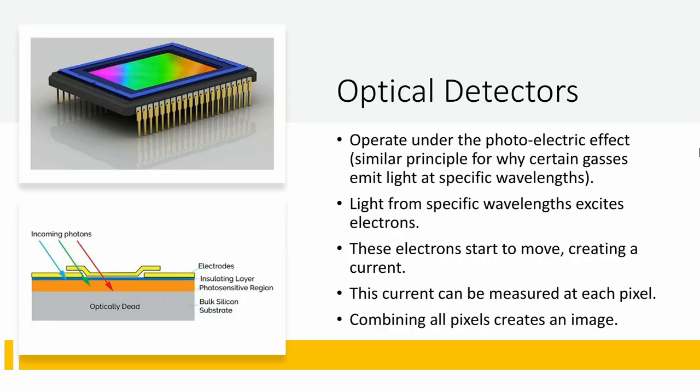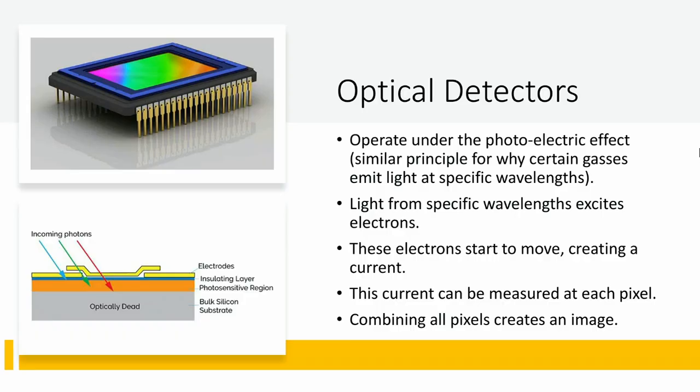So it's similar to what we talked about with gases when we were talking about spectroscopy, but this is for solid objects. And so if you find the right kind of chemical structures, you can design systems that will react to, say, visible wavelength light or infrared light.